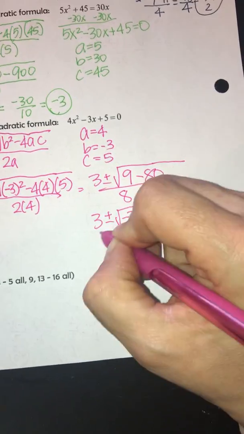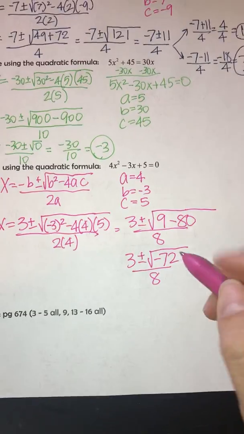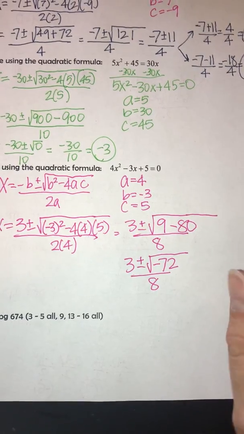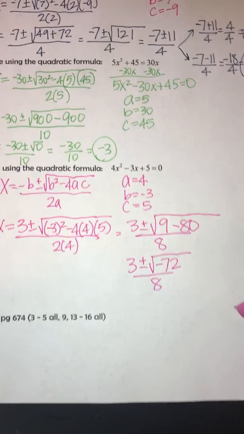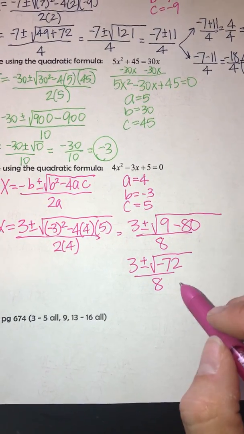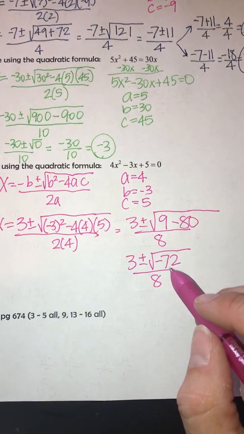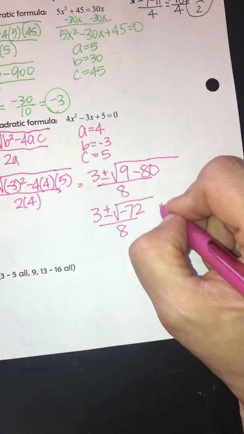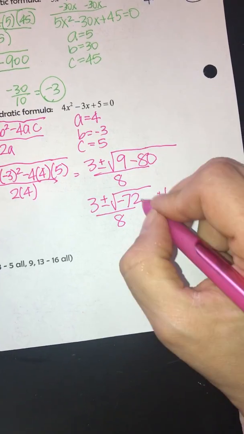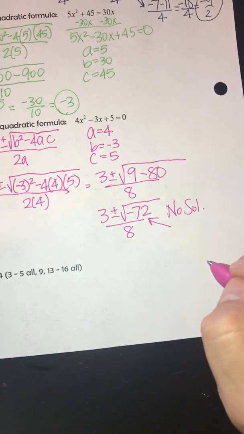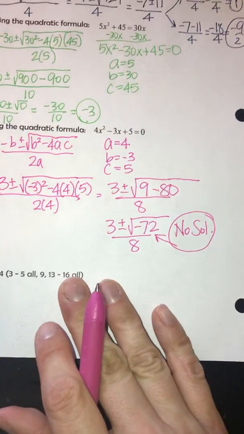Do you guys remember what we did with a negative square root? Your calculator is going to freak out on you. It's going to say it doesn't work. So that is not something that works for us. So we have to say this is going to be no solution, because we can't take the square root of a negative. So you get to just stop here.